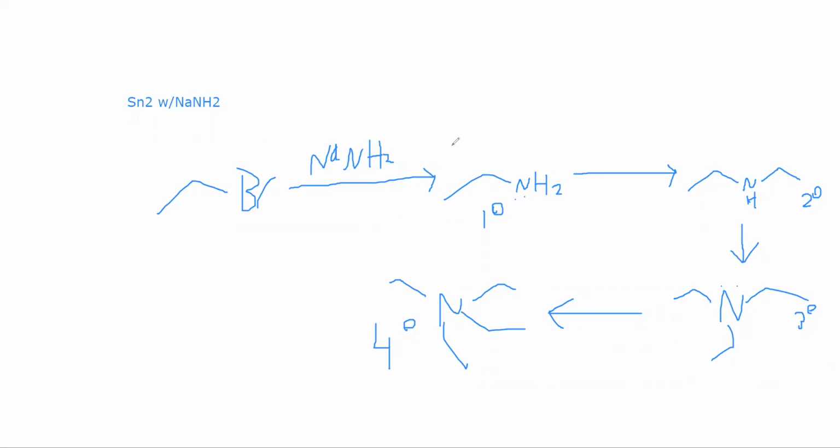But there are other ways that you can form amines, and some of them involve SN2 steps. So if we take that same alkyl halide and react it with NaN3, this has a negative charge on the N3, so that is a nucleophile. It can do an SN2 step and replace the bromine with N3.